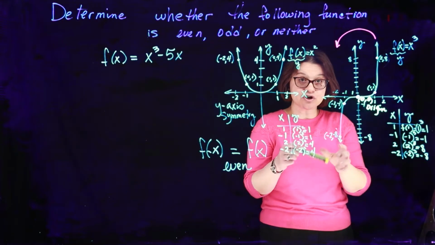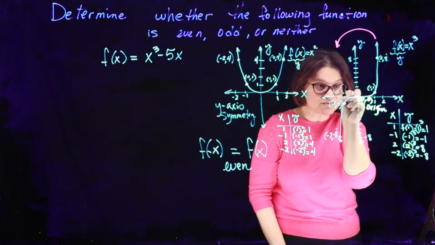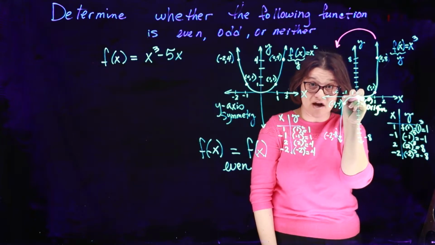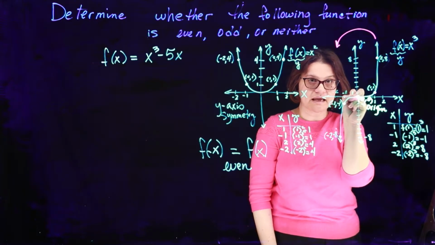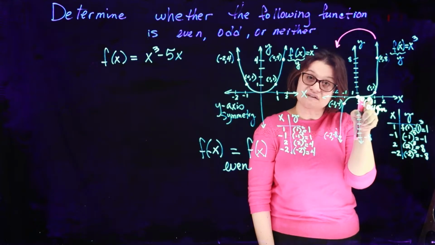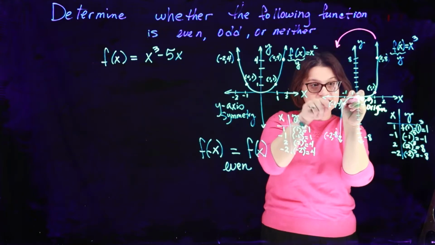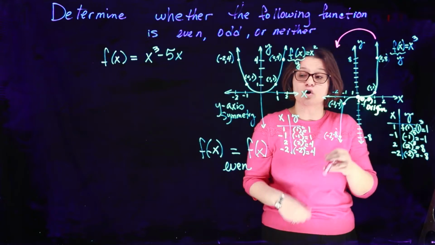Remember, I imaginably stuck my push pin right in the middle where the x-axis and the y-axis cross perpendicularly, creating a 90-degree angle. This push pin was stuck on 0, 0. This is where I pushed it, and this is how I rotated it. This particular function has a symmetry over the origin.